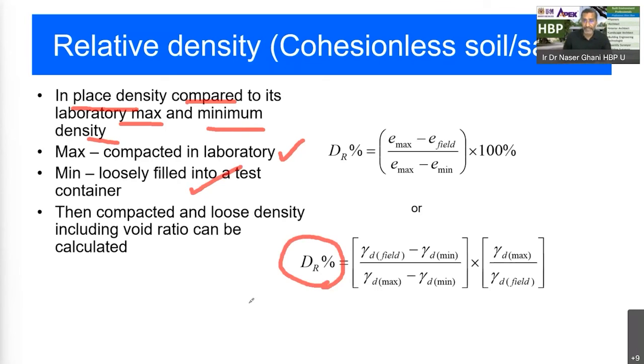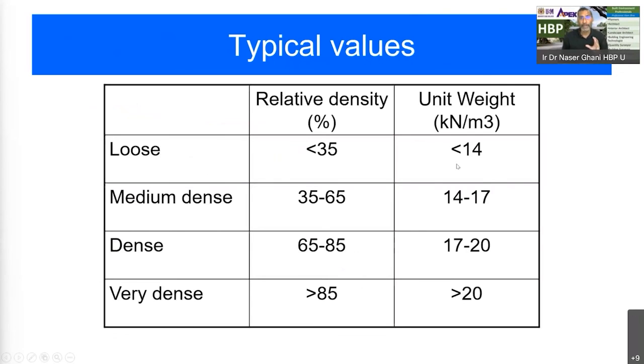And this relative density will tell us the condition of the soil on site, whether they are loose. We can consider them loose sand or medium dense sands. They are loose or medium dense or dense or very dense.